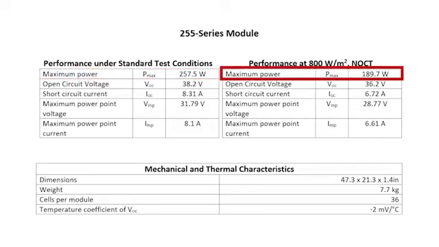However, at NOCT, the power is only 189.7 watts. So while this is helpful, product labeling is not universal, and the available information is not always identical. When performance under both STC and NOCT conditions are available, the installer has a better idea of what they would expect under real working conditions.